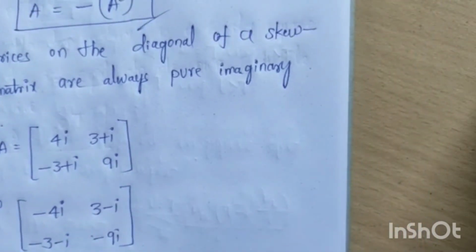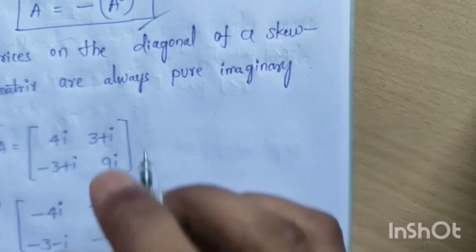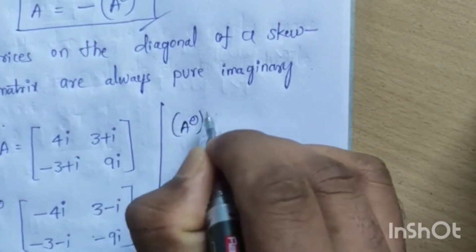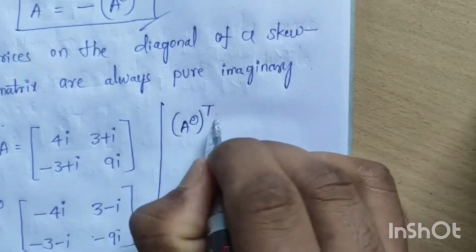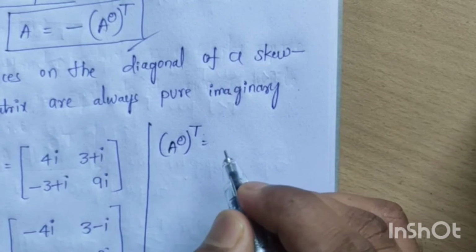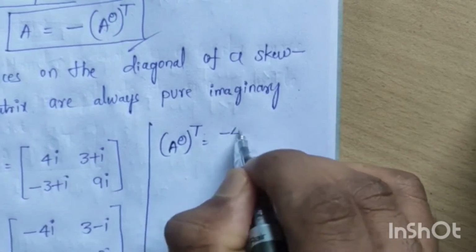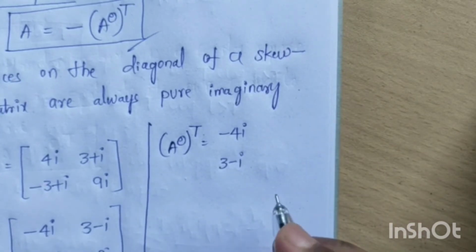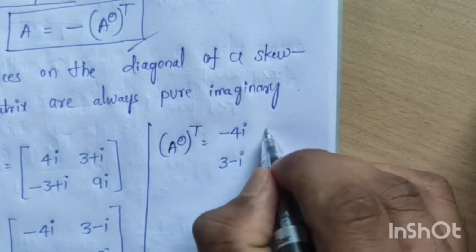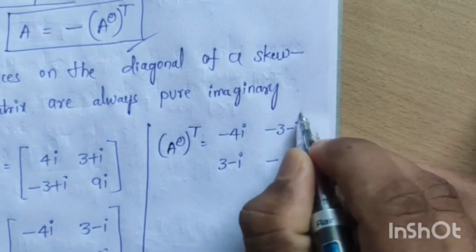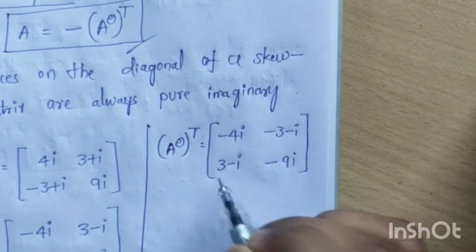Next, A conjugate whole transpose. In transpose, row becomes column and column becomes row. In the first row, first column: minus 4i, 3 minus i. In the second row, second column: minus 3 minus i, minus 9i. It is the conjugate whole transpose.